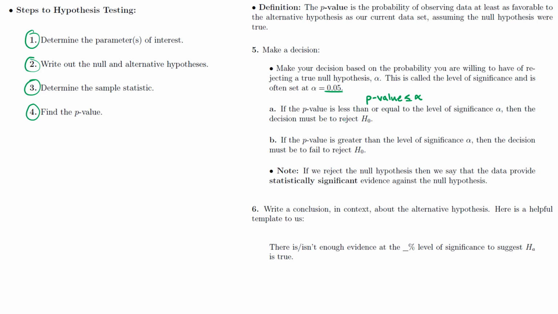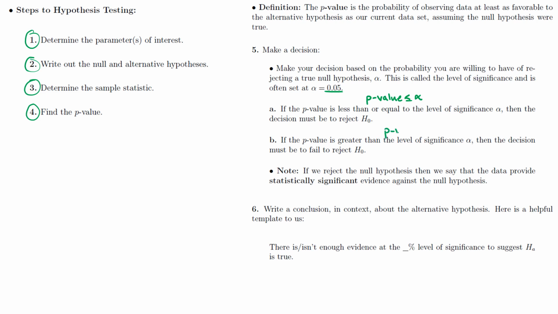And that's because we don't expect to see samples like ours that often if the null were true. And so since we did see that sample, that means that it's reasonably likely that the null hypothesis was false.